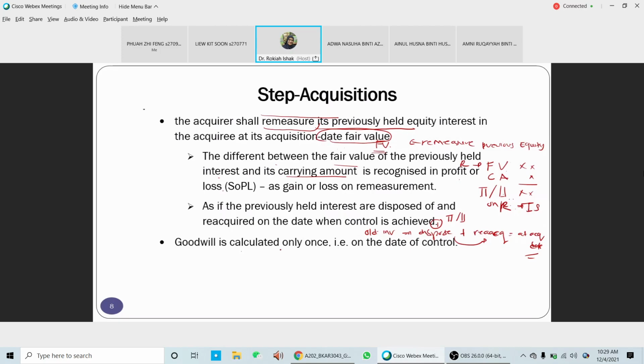Goodwill is calculated only once, at the date when you have control over that company.